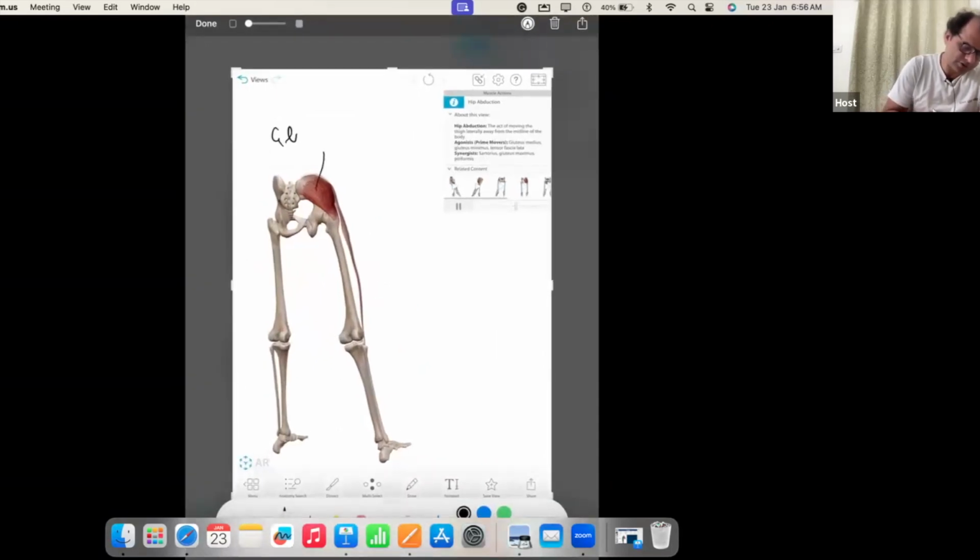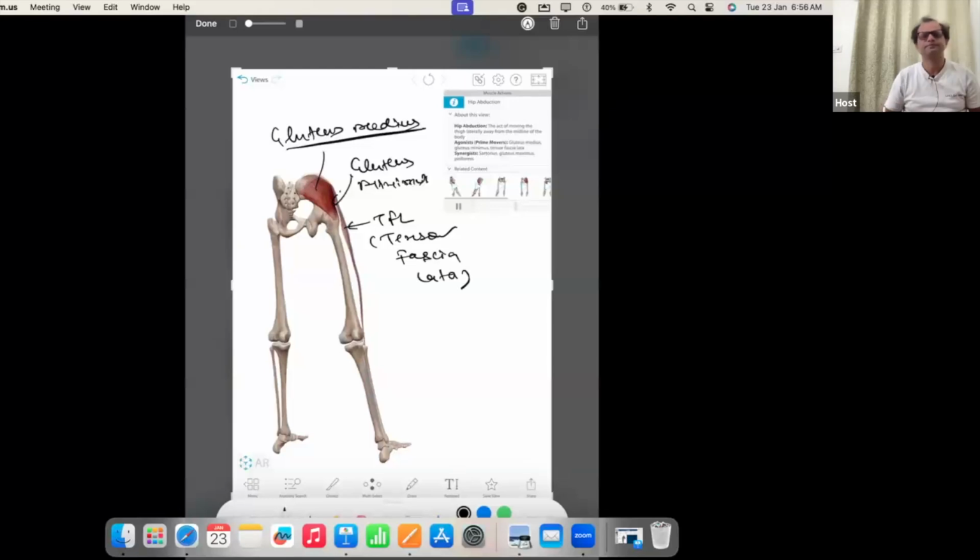If you remove the gluteus medius, then you'll find gluteus minimus. And TFL means tensor fasciae latae. So they are the muscles of hip abduction.